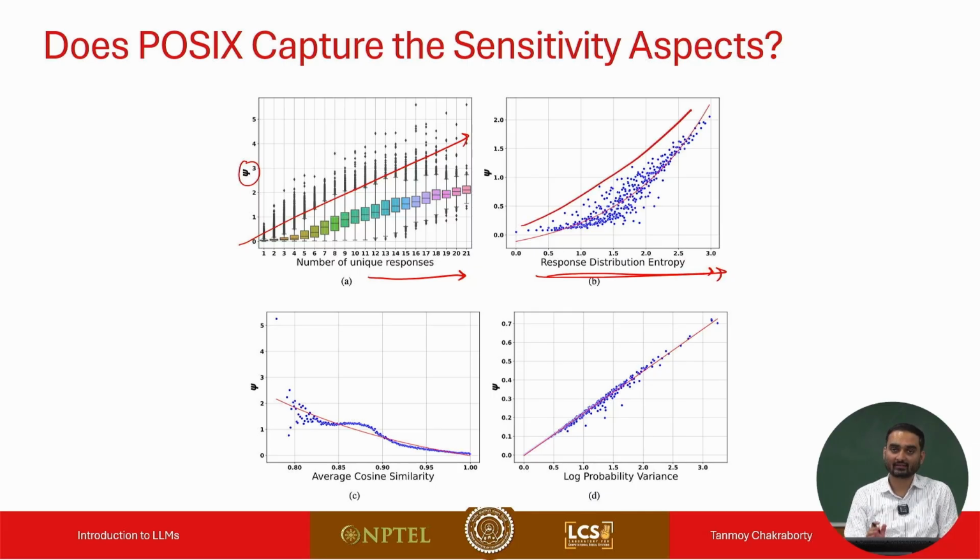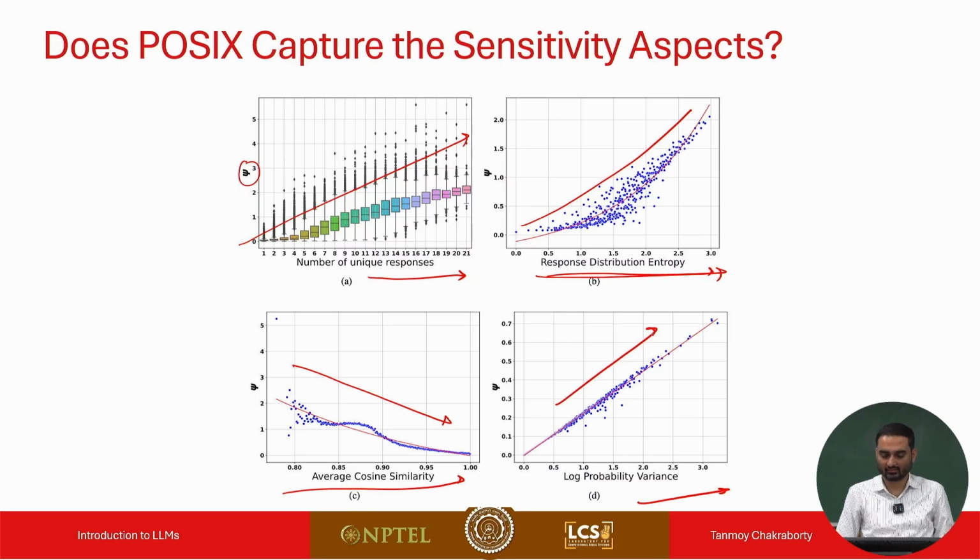So this essentially indicates that our metric is actually correct. Cosine similarity increases, meaning the models tend to produce similar answers, meaning sensitivity is less, our value is decreasing. Confidence variation increases, model is bad, and the Posix score is also increasing.